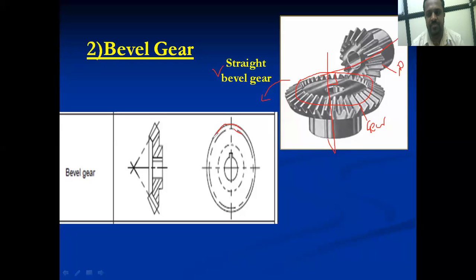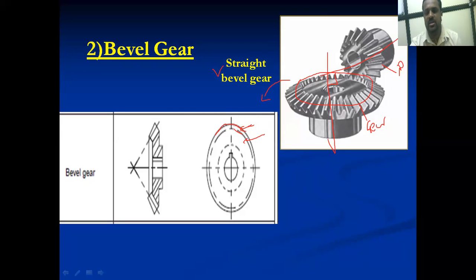Yes, please, anybody, what does this dotted circle indicate? The pitch circle, and this darker line will indicate the tip circle. Please reply to me. This dotted circle indicates the pitch circle.